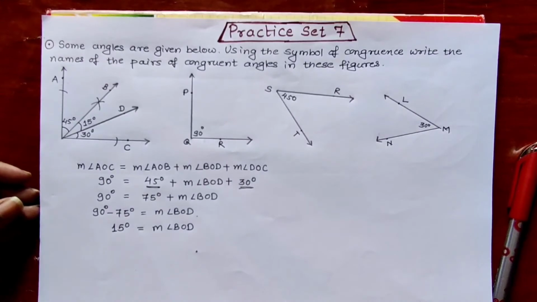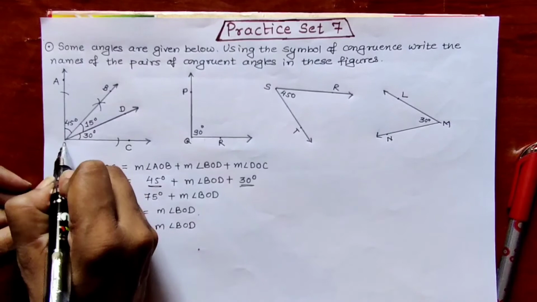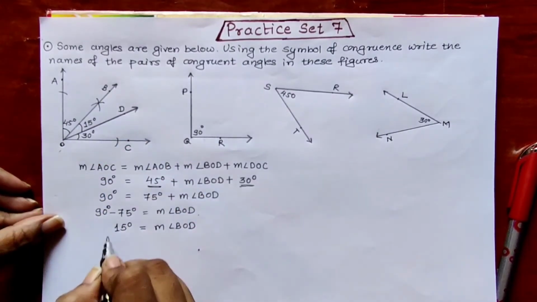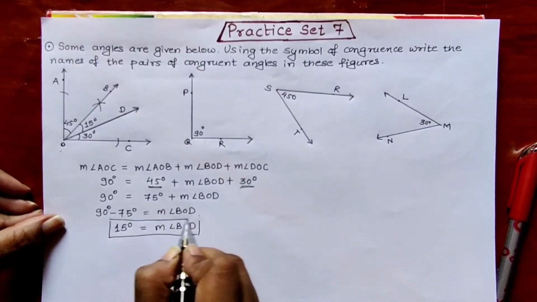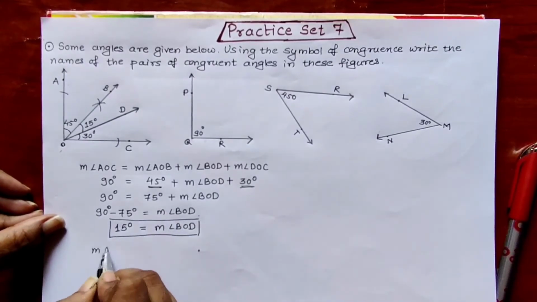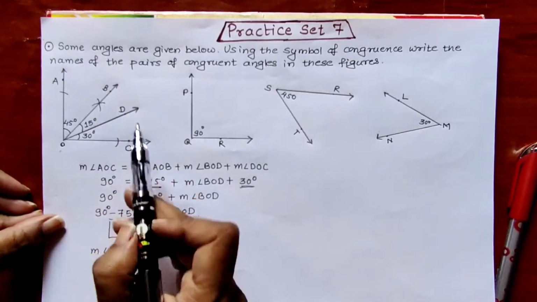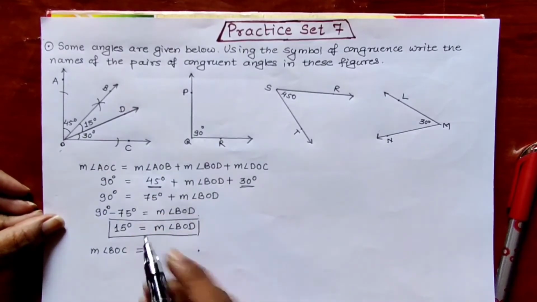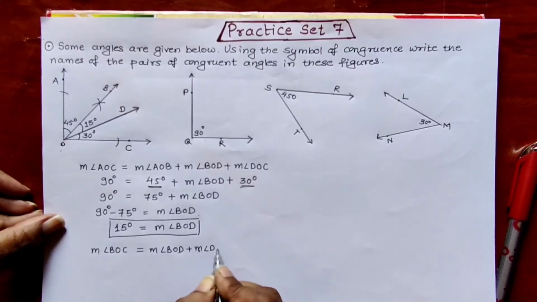So before writing the names of congruent angles, let us see this angle BOC. Here O point is there. Angle BOC I write here. BOD we have got as 15 degrees. Now let us write measure of angle BOC. This angle BOC is made up of two small angles, angle BOD and angle DOC. So I write here measure of angle BOD plus measure of angle DOC.